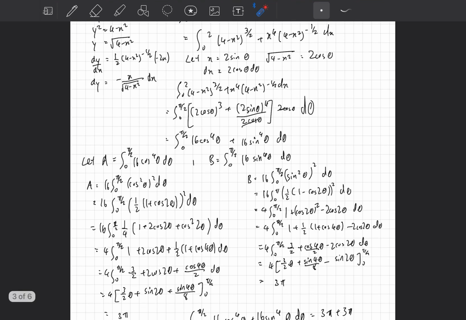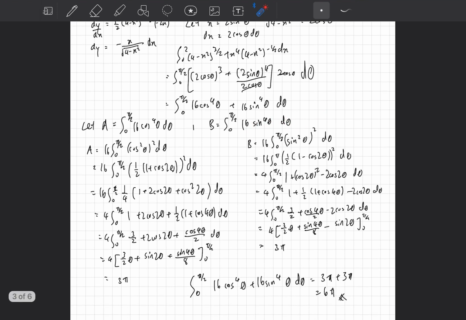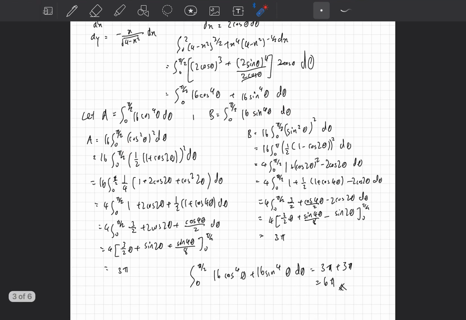So I let A equal 16 cos power 4 theta and B equal 16 sin power 4 theta. I separate the cos 4 into cos squared. The cos squared I substitute with 1 over 2 bracket 1 plus cos 2 theta, then bracket squared.